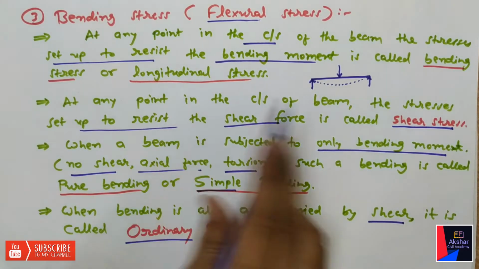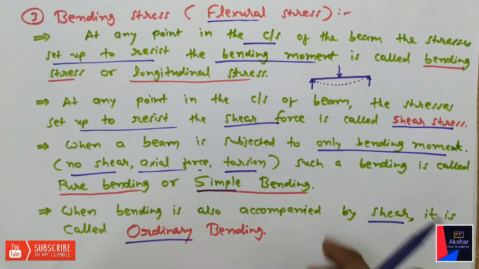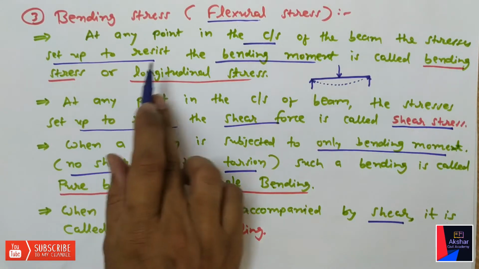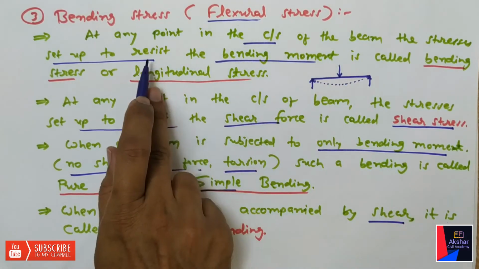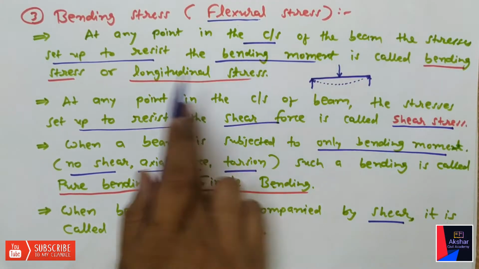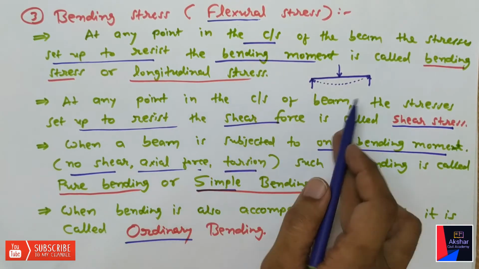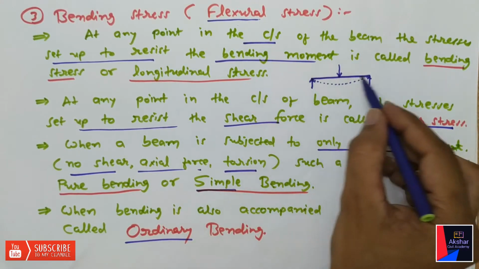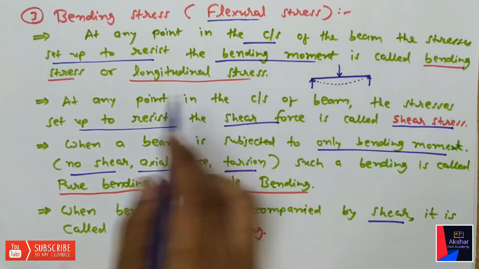So here there are four different definitions we have seen. At any point in the cross section of the beam, the stress set up to resist the bending moment is called bending stress or longitudinal stress, as the stresses are developed longitudinally, parallel to the length of the beam.